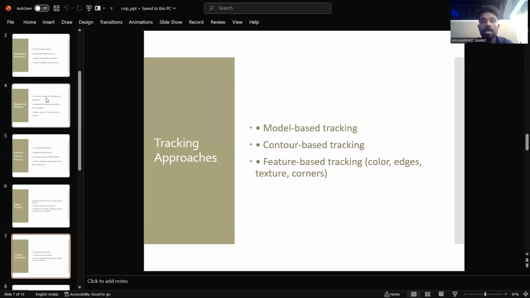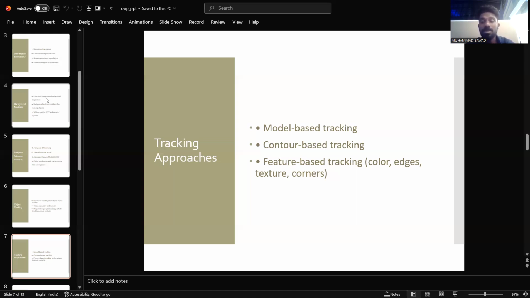It tracks the object by identifying the shape, whether it's an oval or a circle, and keeps monitoring the boundary. The next is feature-based tracking. It mainly uses characteristics such as color, edges, texture, or corner points to find the object.